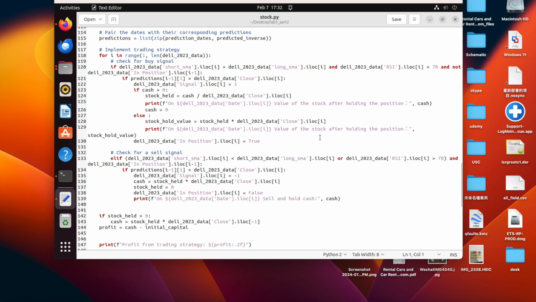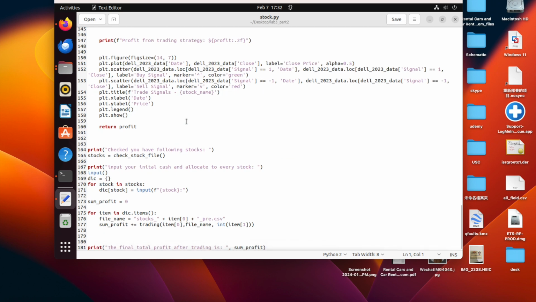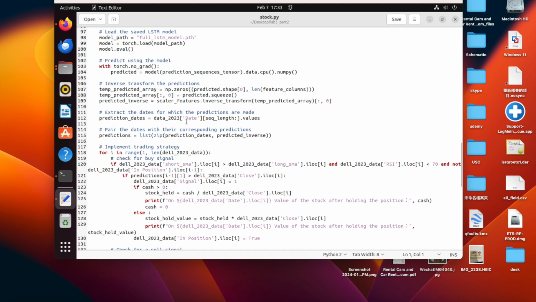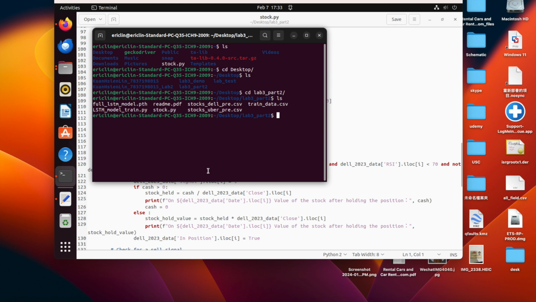So we decide to sell this stock. This is the strategy of our algorithm for the trading simulation. Now we can go to the terminal to execute this Python file.